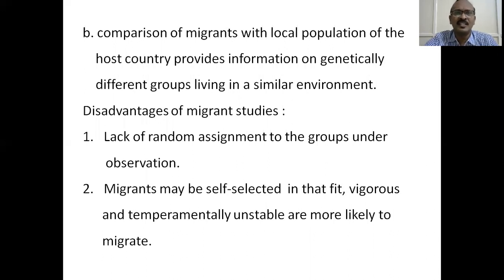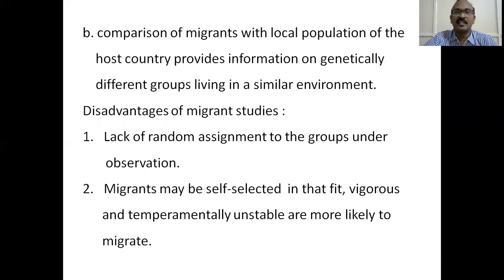So what are the various disadvantages of migrant studies? There is lack of random assignment to the groups under observation, because migration studies are done in groups of people who are closeted in one area, and they are not assigned by any statistical method.